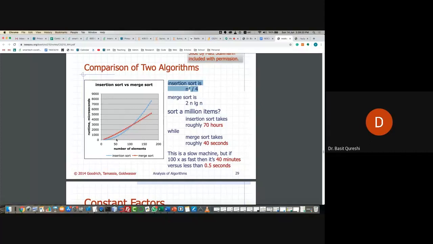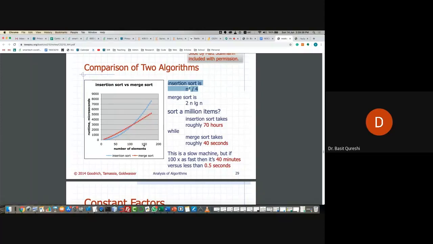But if you increase the number of elements, let's say make it 150, you can see the runtime for insertion sort becomes slower compared to the merge sort, which is n log of n.